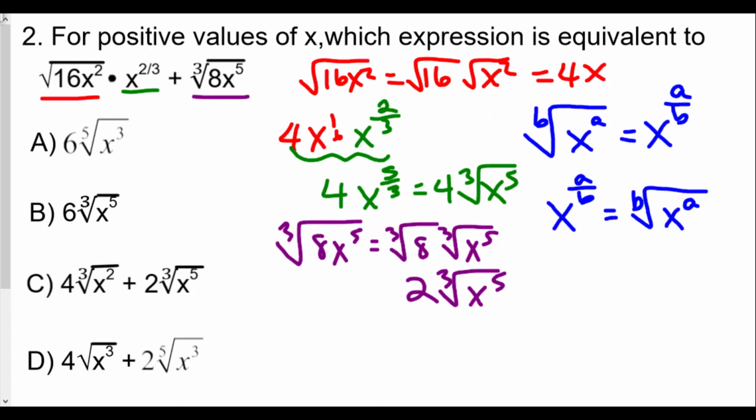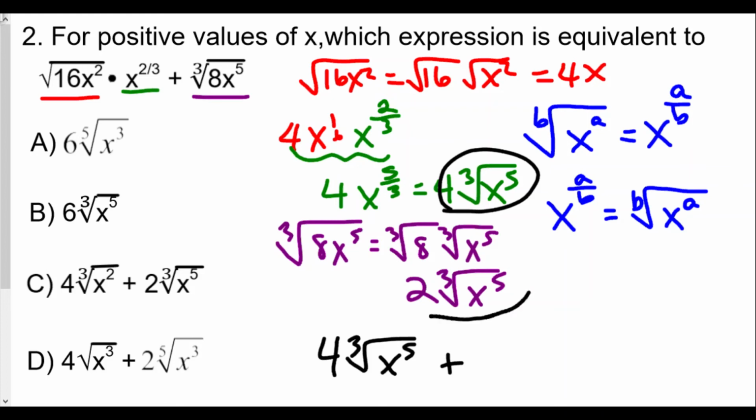Now we take both of these: the 4 cube root of x to the 5th, and we're adding the 2 cube root of x to the 5th. When it comes to radicals, we have to make sure both of them have the same exact index and the same exact radicand, the number under the radical.